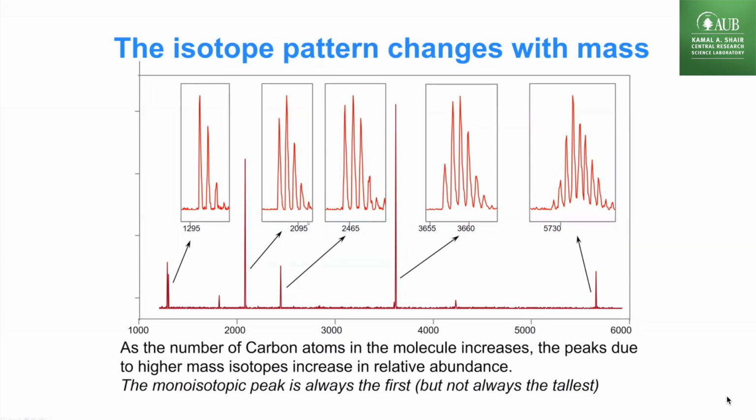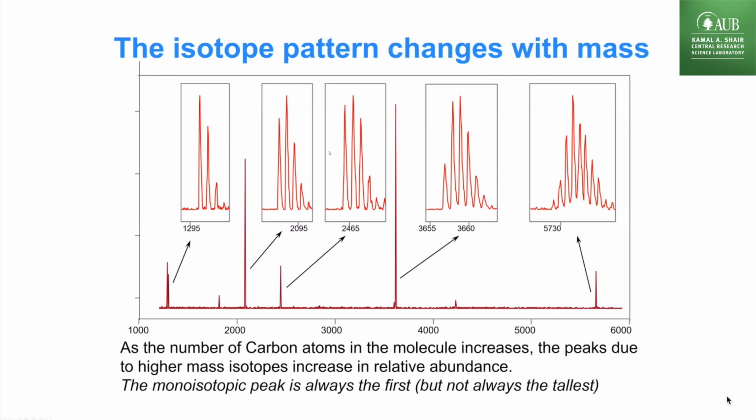Somewhere around mass 2,000, we finally have enough carbons in that compound that the chance of having 1 C13 is now greater than having all C12. You see that shift?